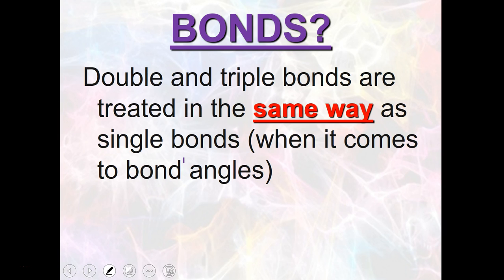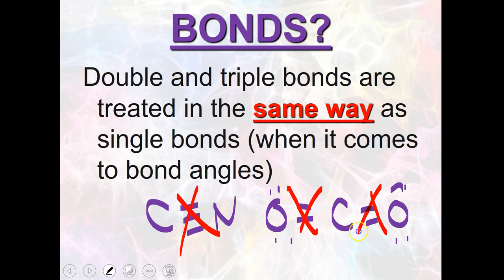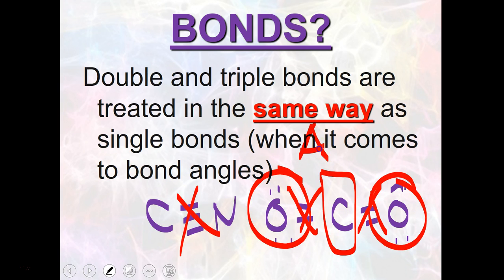Now, if something has a double bond, like carbon dioxide here, or if it's got a triple bond, when it comes to VSEPR, we don't care. This carbon is bonded to 2 elements, and there is no lone pair of electrons on that central atom, so we don't take it into account.